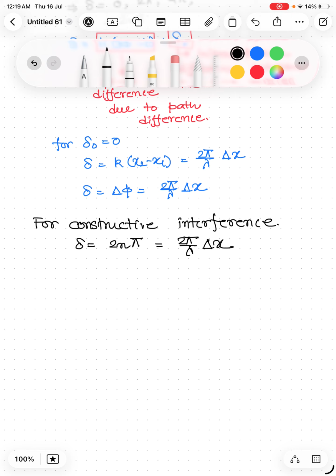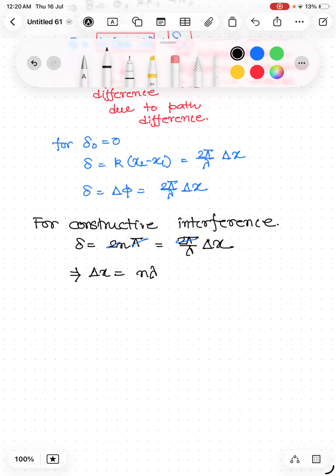So from there I can say that delta x is equal to n lambda, this 2 pi cancels.